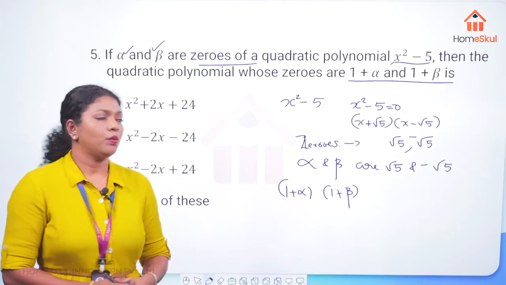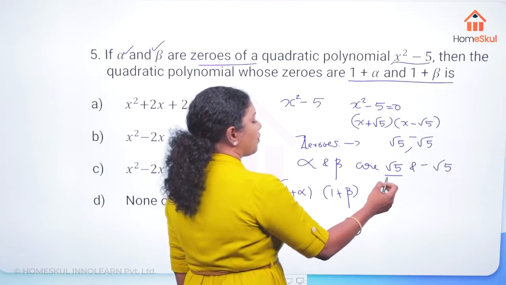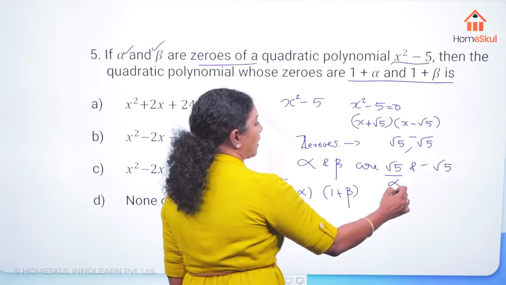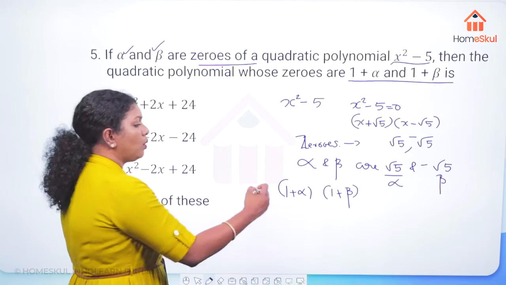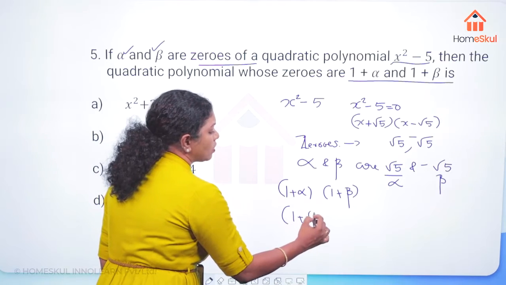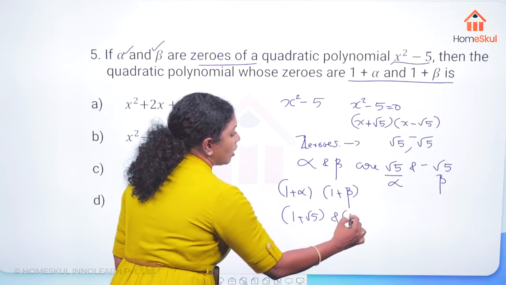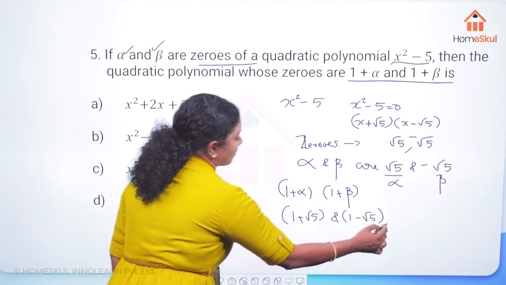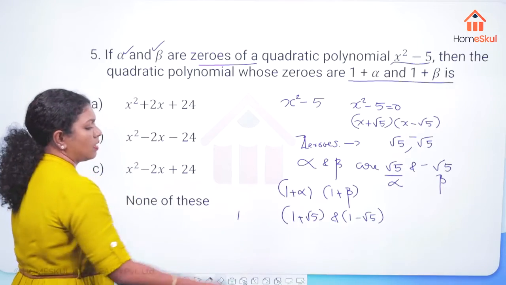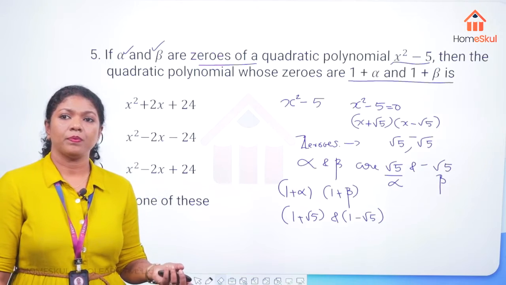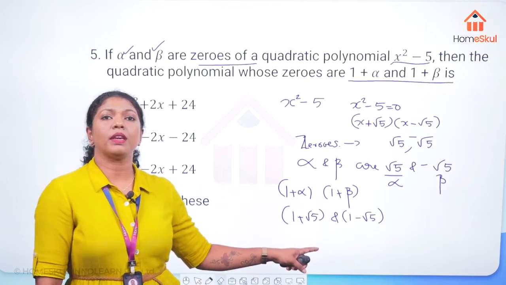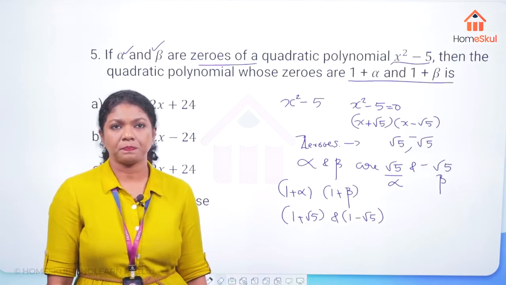If alpha is equal to root 5 and beta is equal to minus root 5, the new roots will be 1 plus root 5 and 1 minus root 5. The new zeros. Now we need to find a polynomial whose roots will be these. How can we write it?